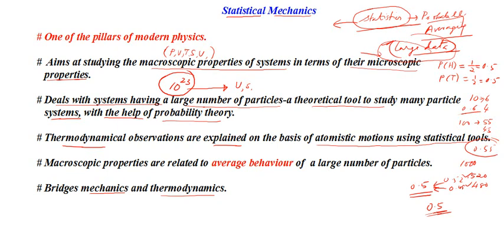Until then, the very existence of atoms, or the idea that systems are made up of tiny particles called atoms, was not established. And that's where Boltzmann's philosophical intellect is admirable.